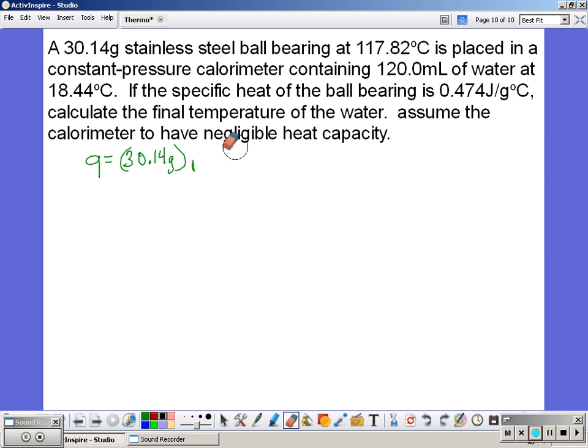So I know that the heat lost by the ball bearing has to equal the heat gained by the water.